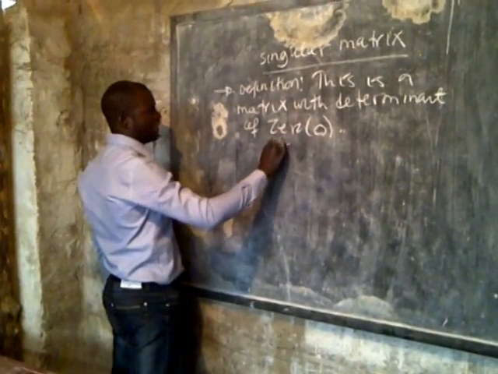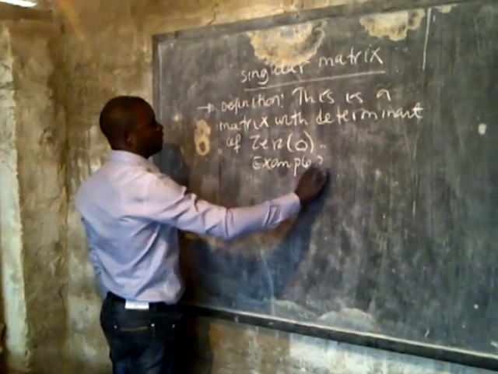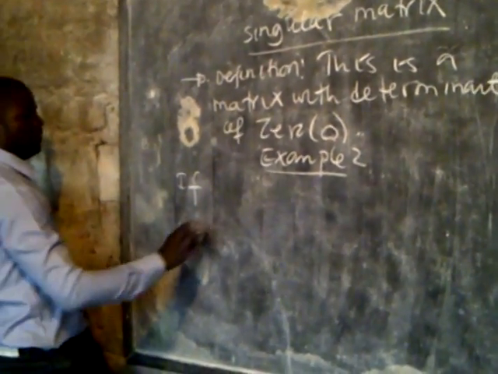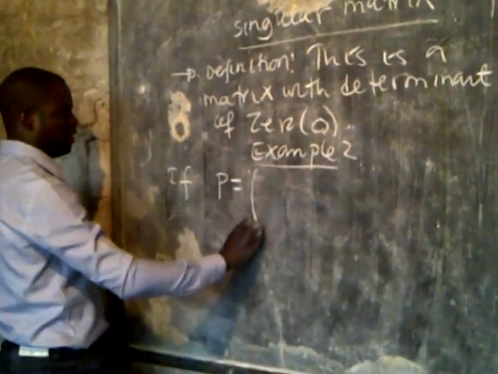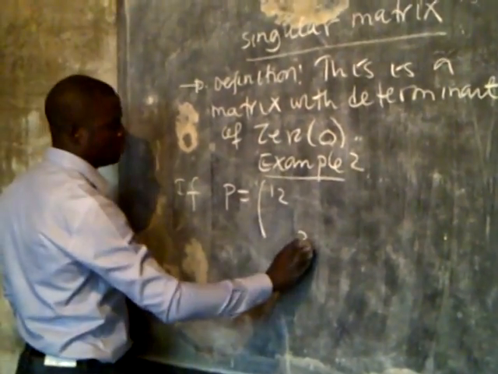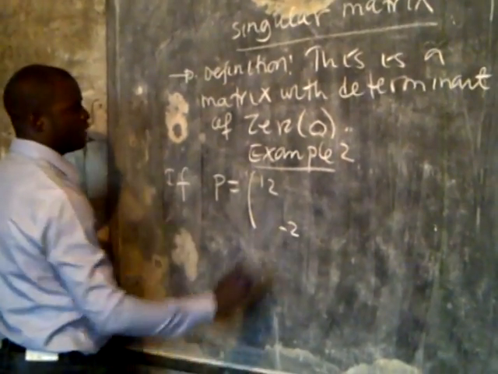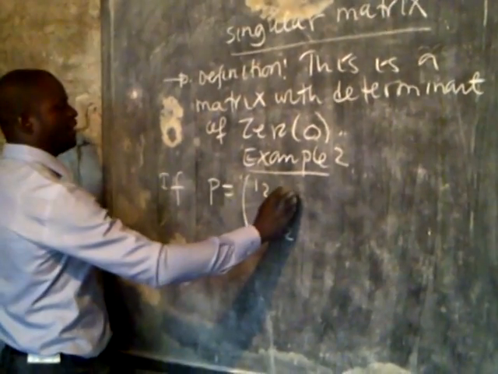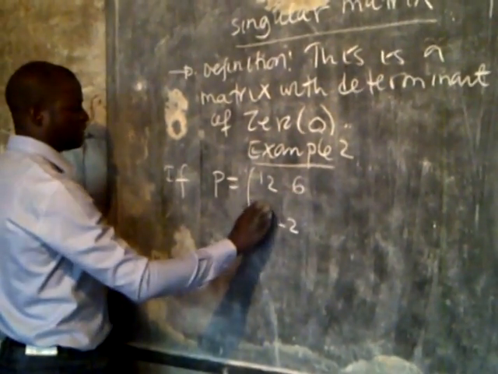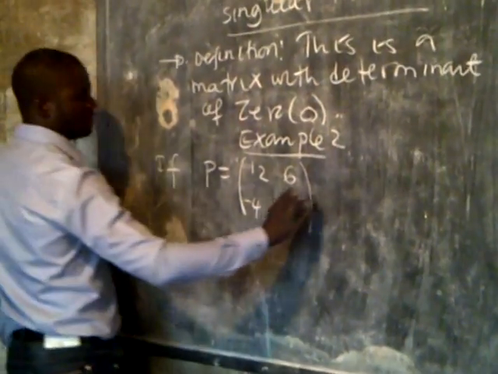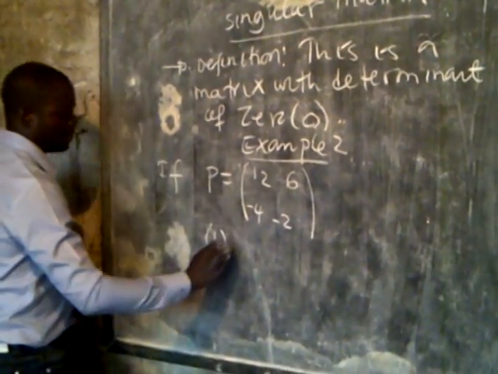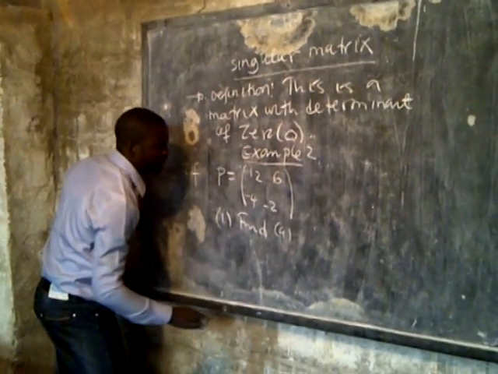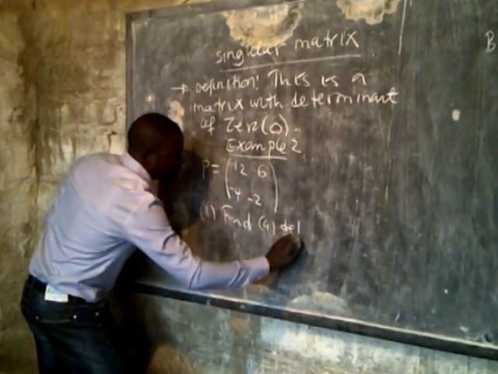So we can say example 2. If matrix P is 12, 6, -4, -2, then number 1, find the determinant.